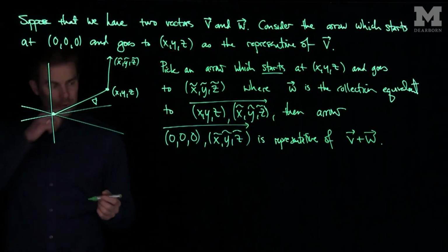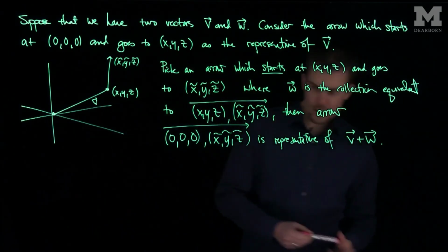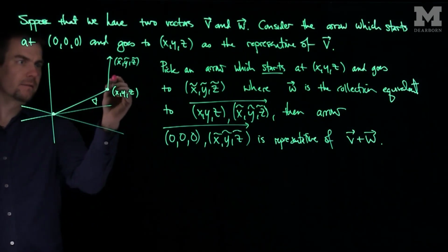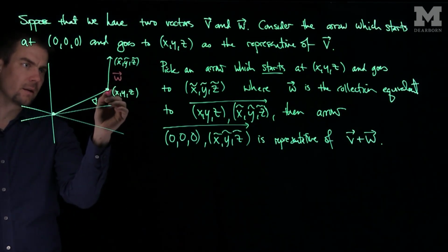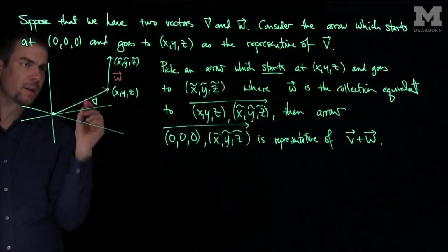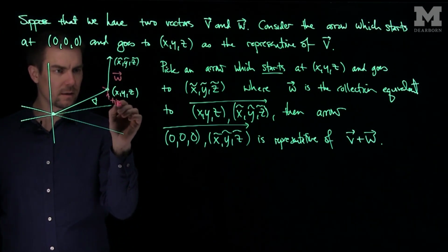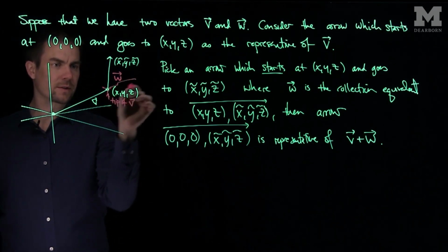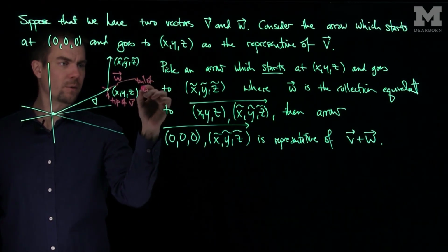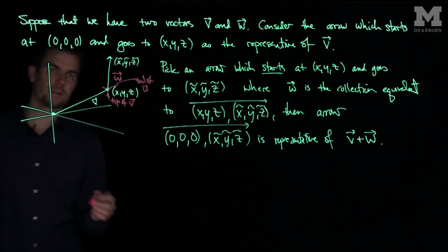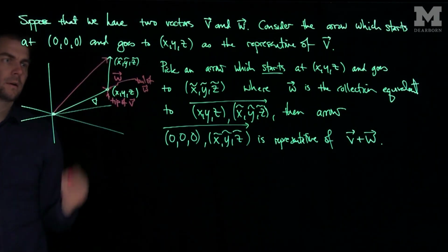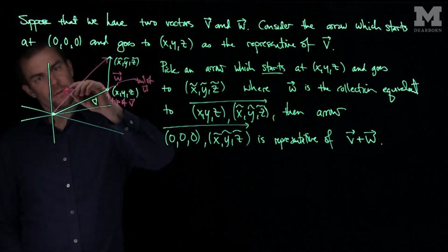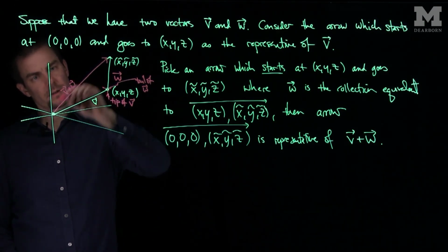So we oftentimes refer to the vector addition problem as saying that if you want to add the vector v to the vector w, you put the tail of w at the tip of v. So this point over here is the tip of v, and this point over here is also the tail of w. So you go tip to tail for the vector v to the vector w, and then I connect this, and that vector over here will be the vector v plus w.